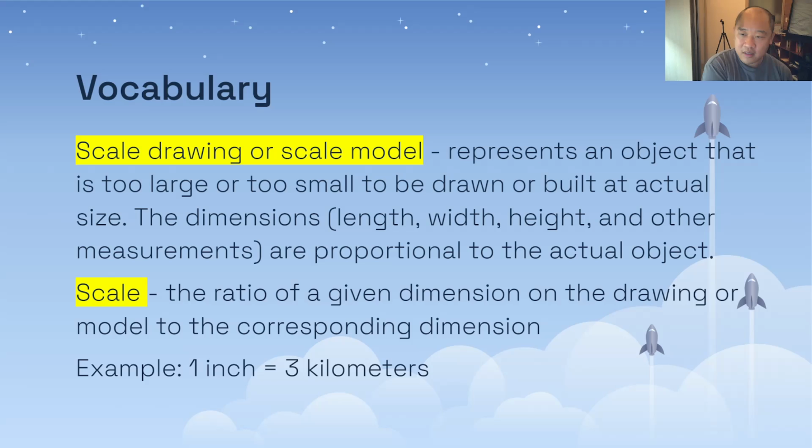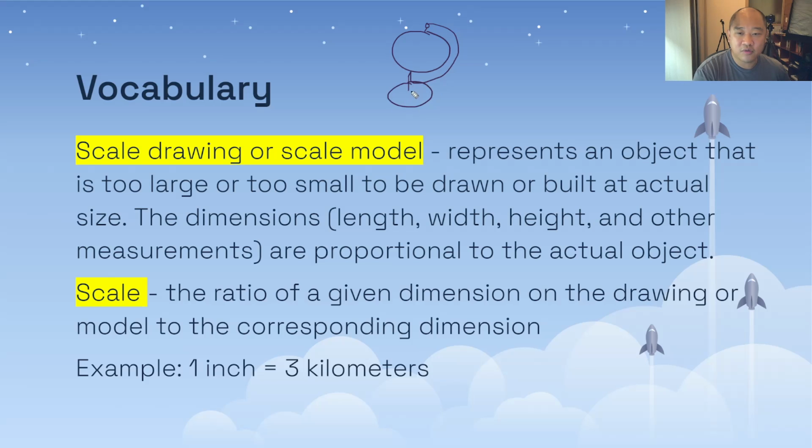What are scale models and scale drawings? Well, it's a representation of an object that is too big or too small to be drawn or built at actual size. An example of this is the world. You cannot make the world, so you make a globe, one of these things that you see in some classrooms.